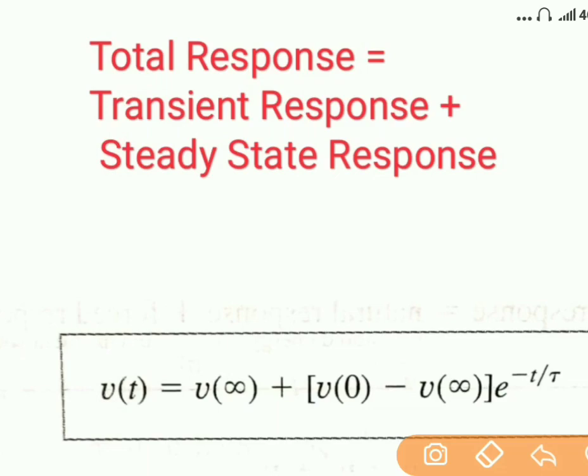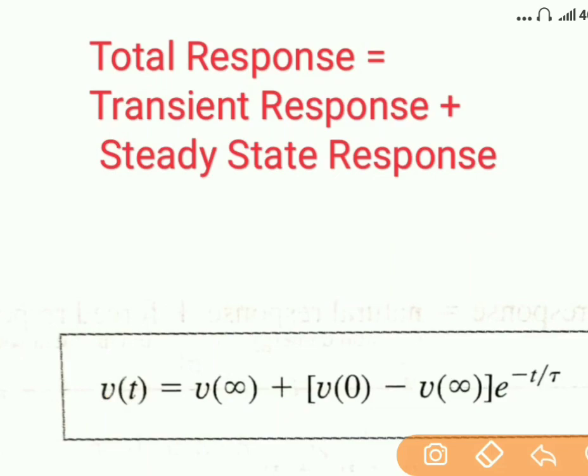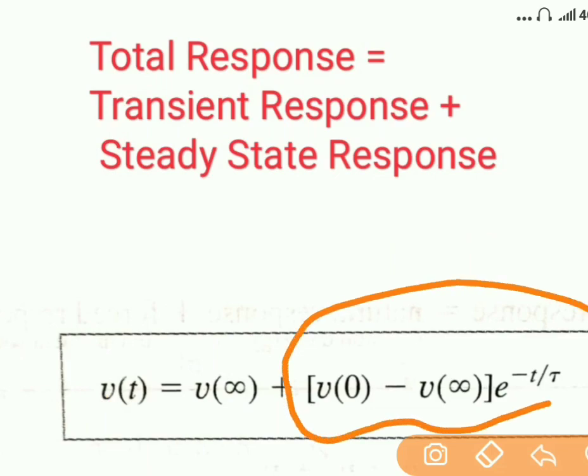So here is the expression for the voltage across the capacitor. In this expression, V infinity will let you know about the steady state. Likewise, this other part will behave as the transient section.